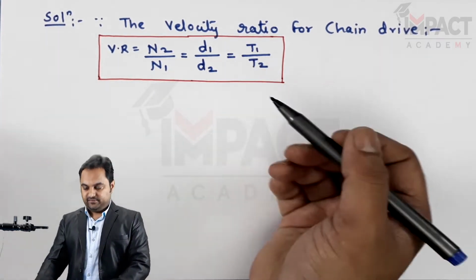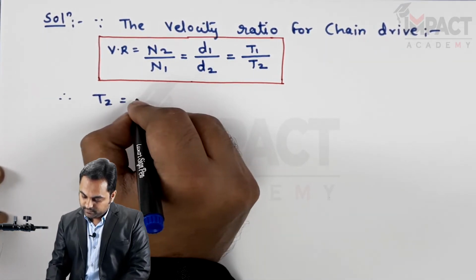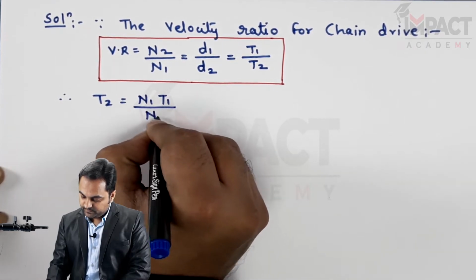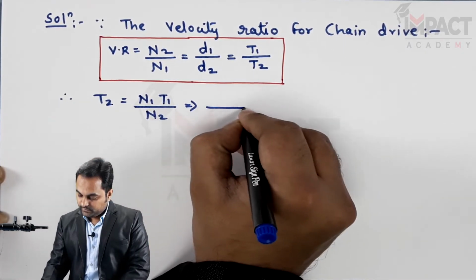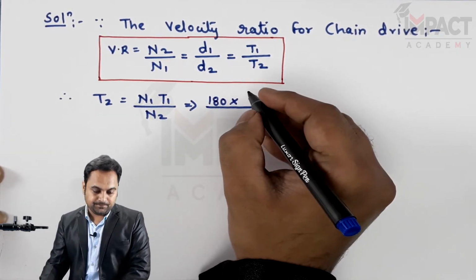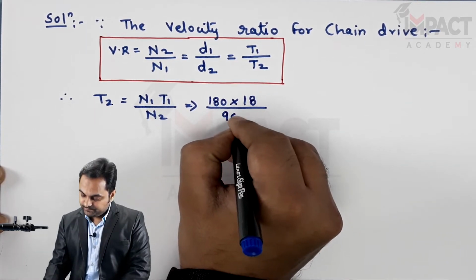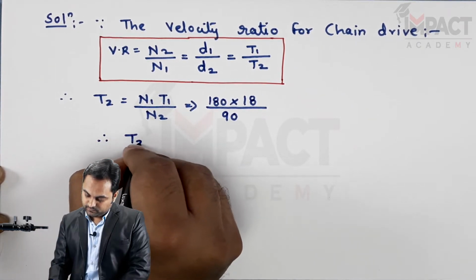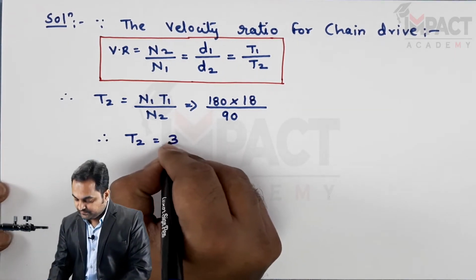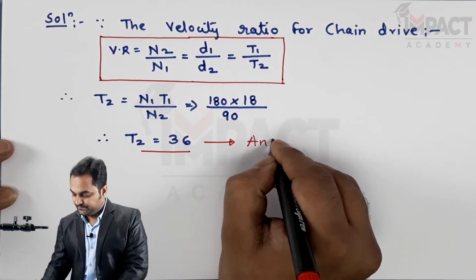N1, N2 and T1 are given, so T2 will be equal to N1 into T1 divided by N2. N1 is given as 180, T1 is 18, N2 value is 90. So from this I am getting the answer of T2 as 36. That is the number of teeth on the driven sprocket. First answer.